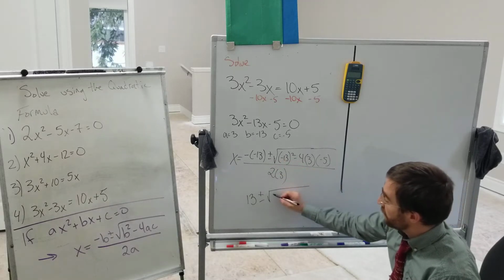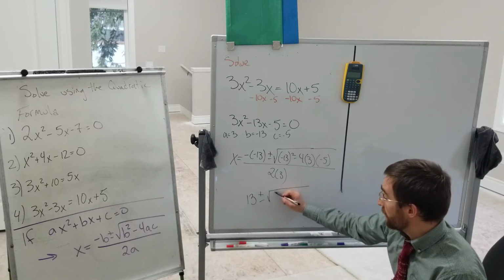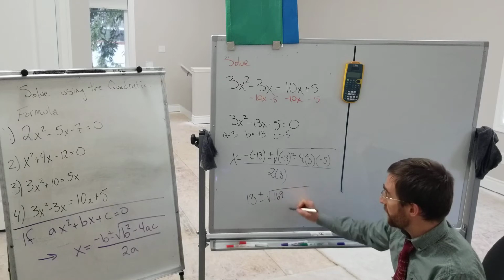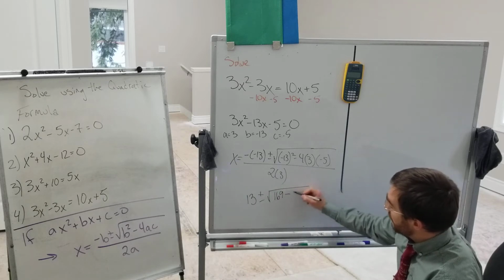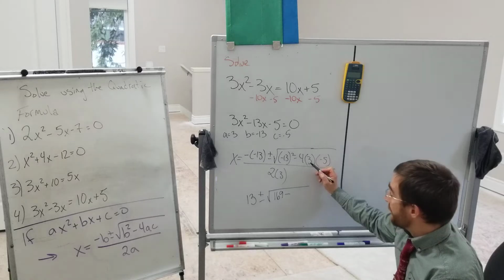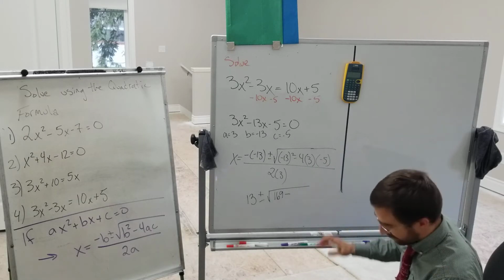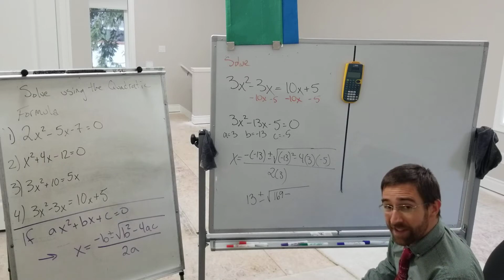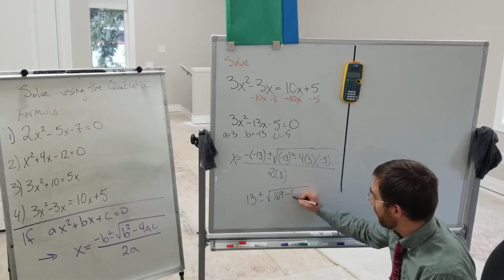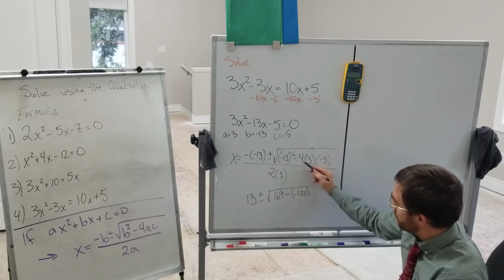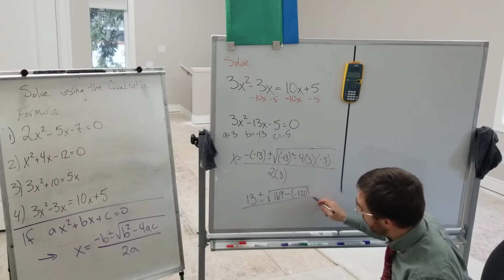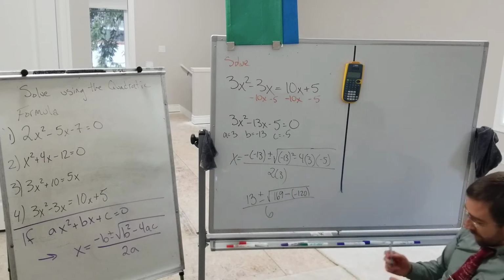Negative 13 squared is negative 13 times negative 13, which is 169. And then here I get minus 4 times 3 is 12. 12 times 5 is 60. Negative 60, or rather negative 120 when multiplied by the 12 and 5, because it's positive, positive, negative. And then divided by 6, because 2 times 3 is 6.